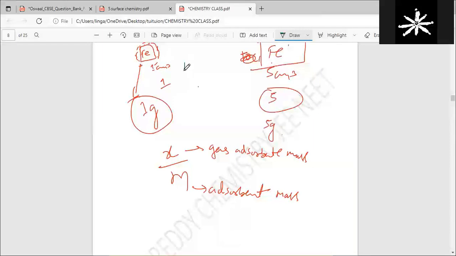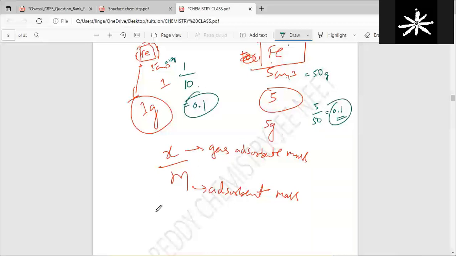What is the mass of the gas? 1 upon the mass of the iron. A 1 centimeter cube may be 10 grams, suppose. 1 by 10 means 0.1. Here, a 5 centimeter cube will be 50 grams. Then 5 by 50 is again 0.1 only.